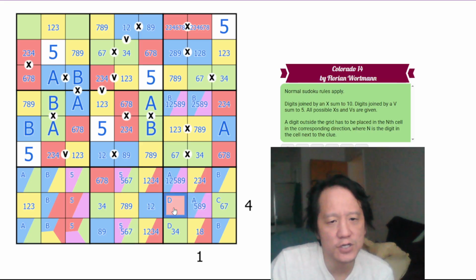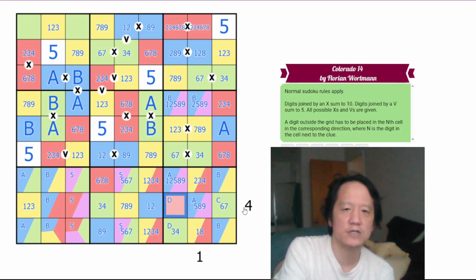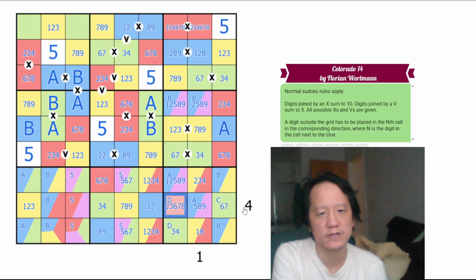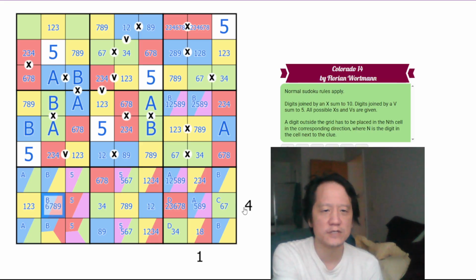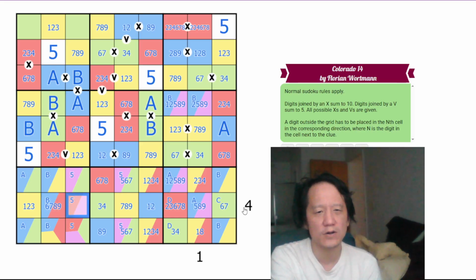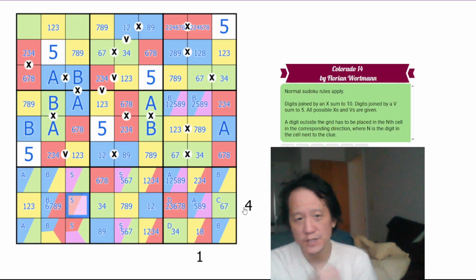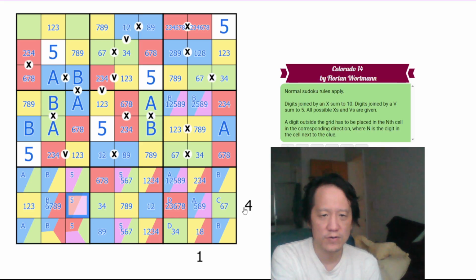Okay, this digit cannot be 4. So this is either 2, 3, 6, 7, or 8. Obviously, this can't be 4. It has to be the high blue or it's high red. So this is 6, 7, 8, 9 there. This is either, well, it could be, it's low red or it's pink.